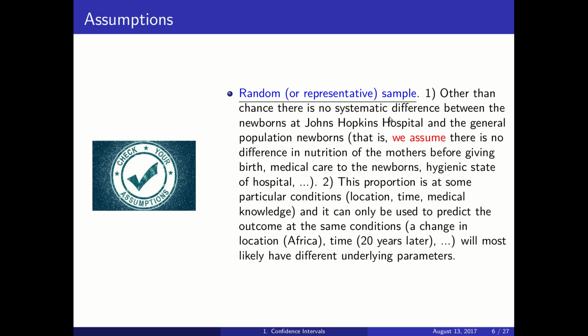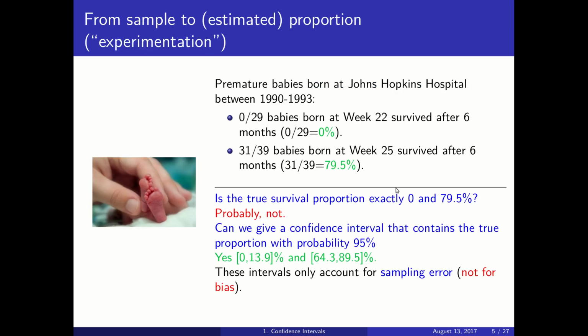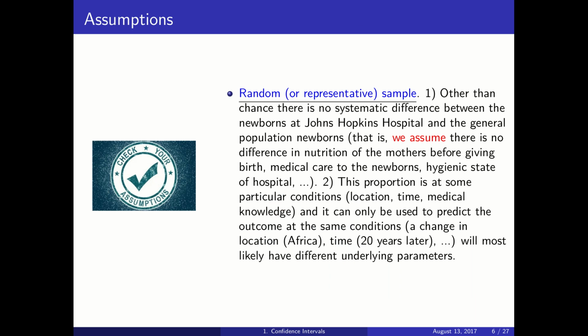And then, if this is true, then we can generalize this 80% of survival to the whole population of newborns at week 25. Otherwise, we can only generalize it to the newborns with conditions that are similar to the ones of those born at Johns Hopkins.